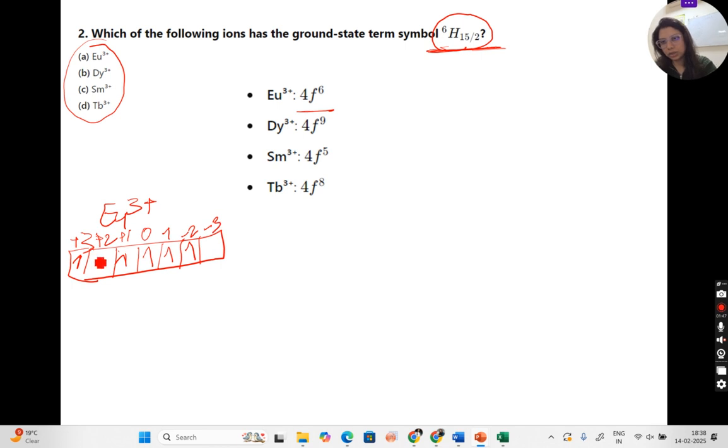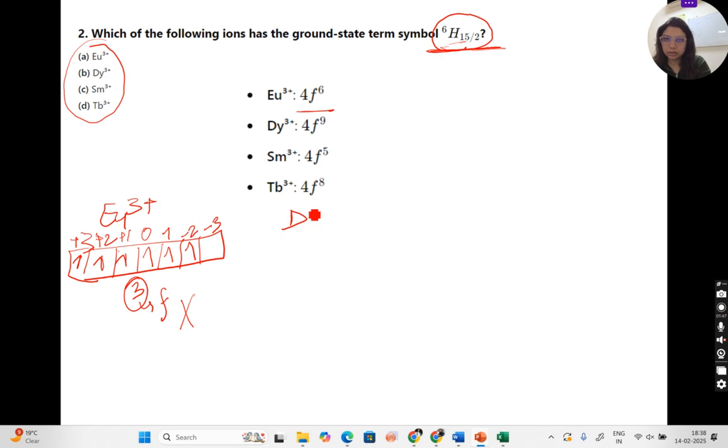Calculating plus 3, plus 2, plus 1 gives 6, and subtracting these 3, we get 3, which corresponds to F. It is an H we need, so this option can be neglected.